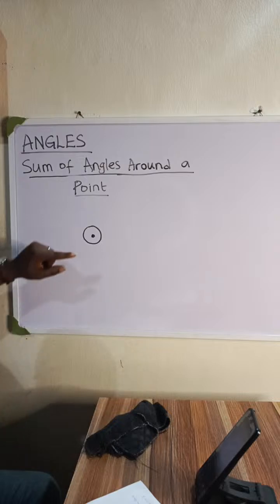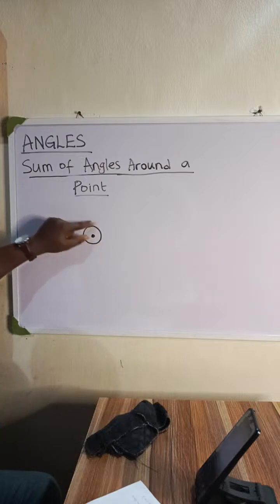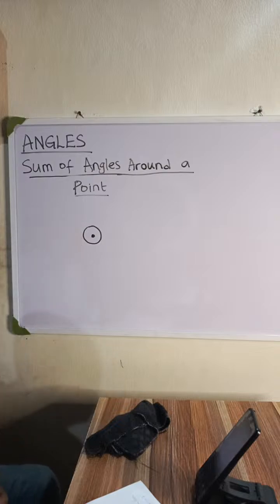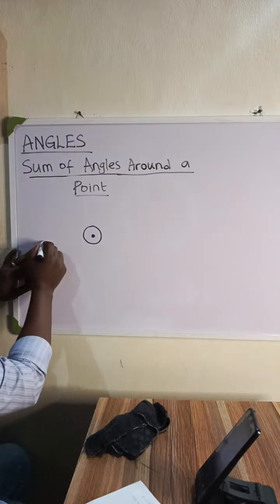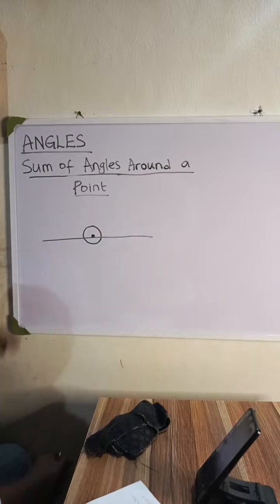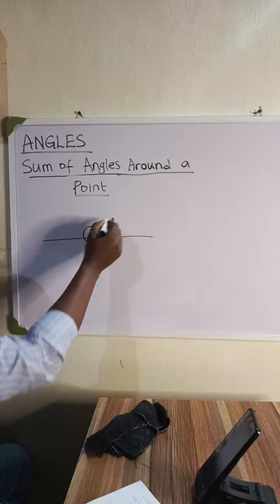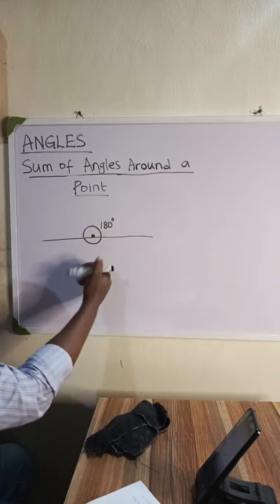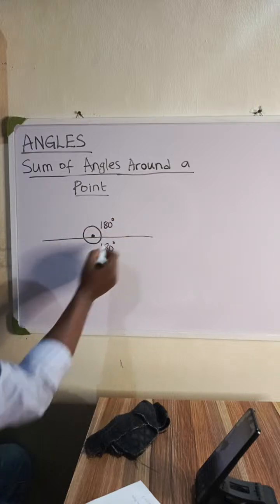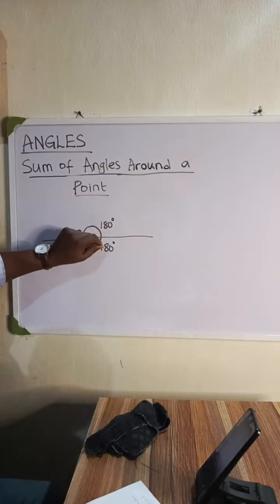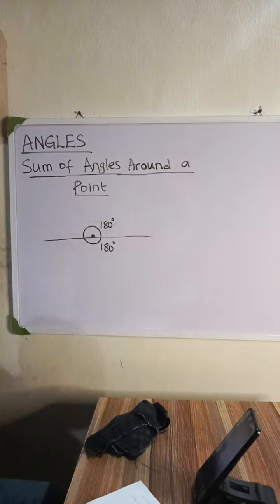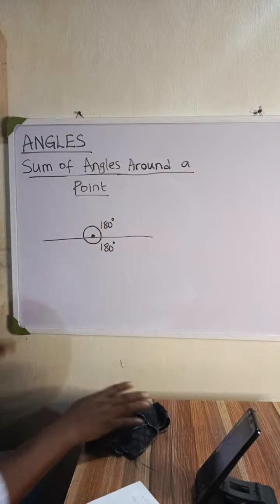A revolution simply means the angle that is formed when you go around the point. How do we confirm that it's 360 degrees? If I draw a straight line like this, the angle above this point is 180 degrees. The angle below this point is 180 degrees. So when you add both of them together, you have 360 degrees. That means sum of angles around a point is equal to 360 degrees.